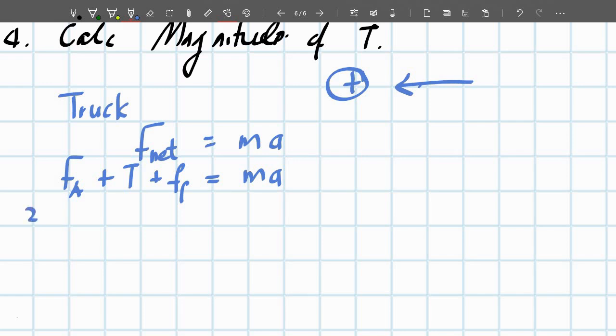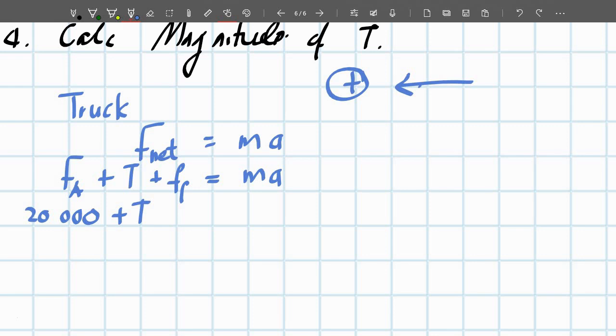The force applied was given, so it's given as 20,000. The tension force, let's just add tension, plus, actually we know the frictional force, actually we don't know the frictional force. The frictional force can be calculated by taking the coefficient times the normal, which is mass times gravitational force.